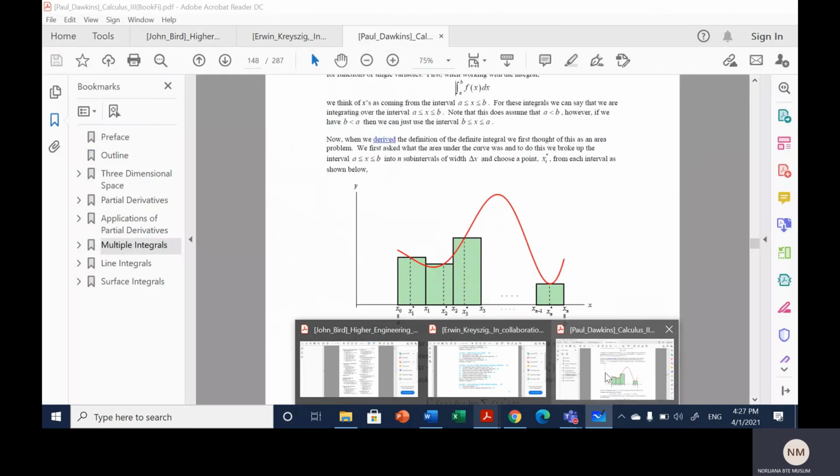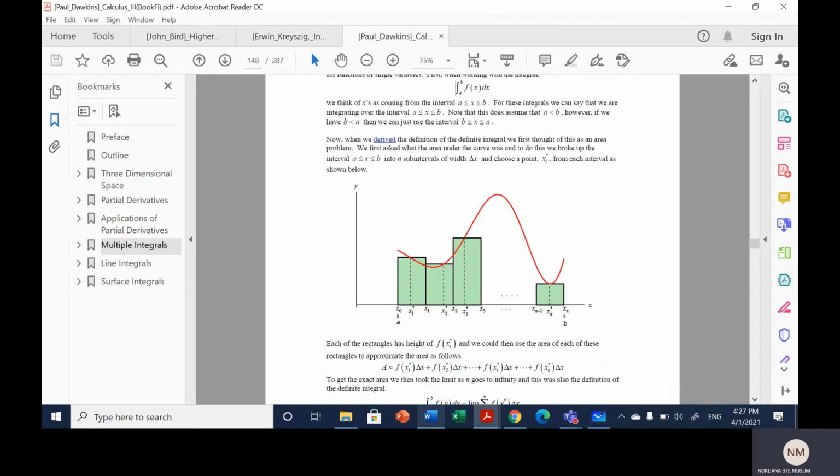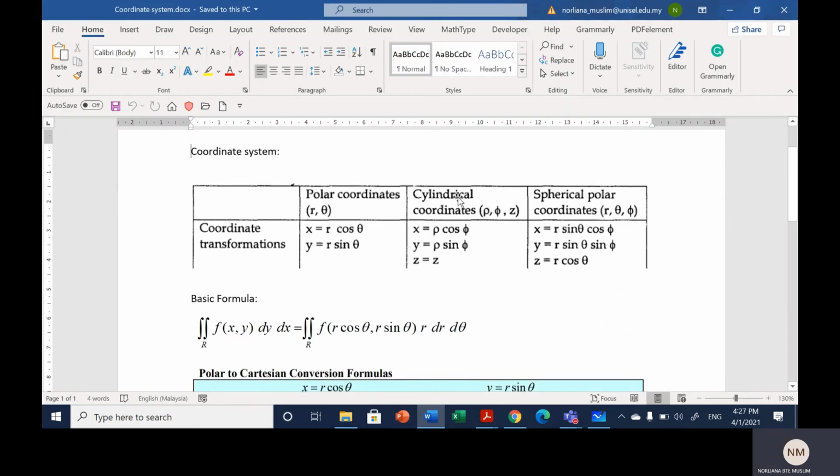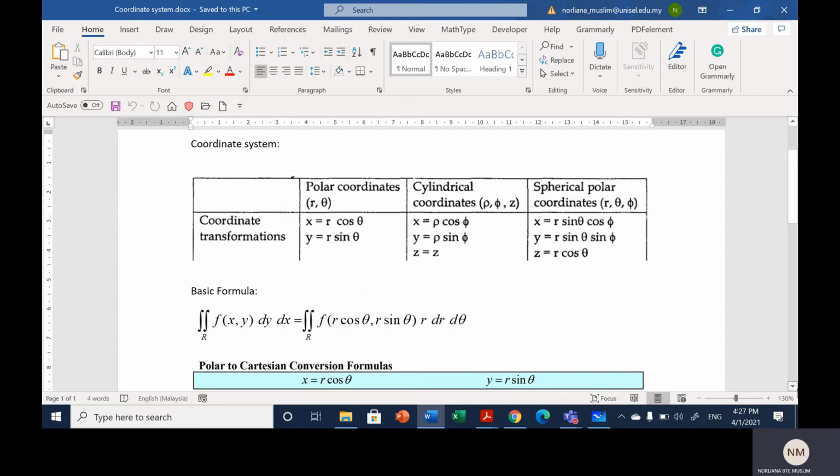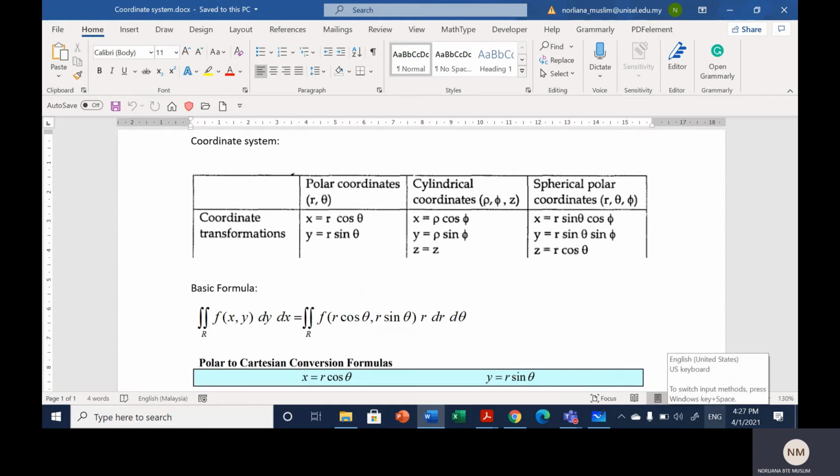So I have provided you the example regarding the double integral. You should be able to perform the same thing in the triple integral.